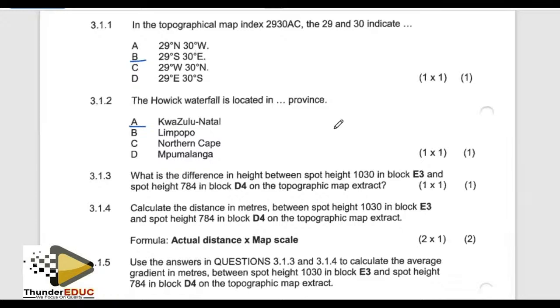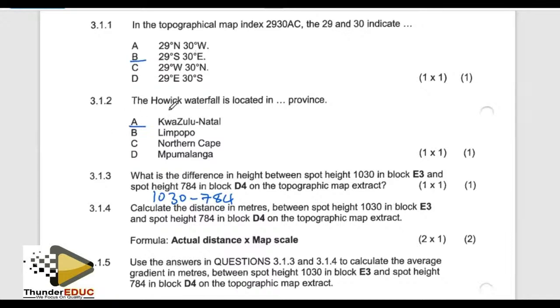3.1.3. What is the difference in height between spot height 1030 in block E3 and spot height 784? So for this case, for the difference, we are just going to subtract: 784 subtracted from 1030. Then we get our calculator here.